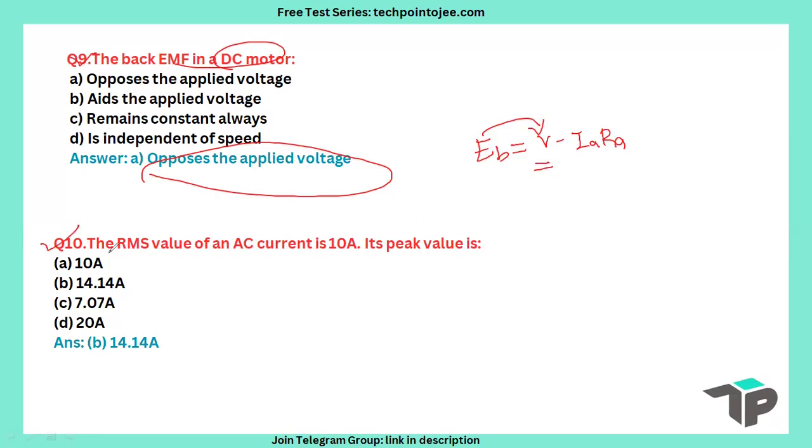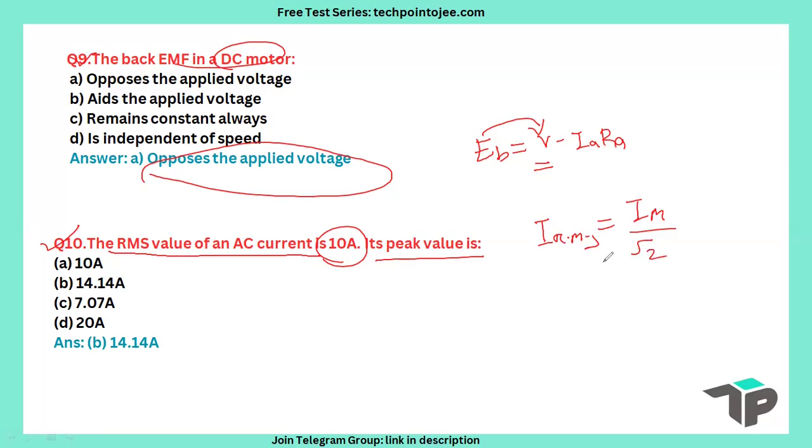Next question: the RMS value of an AC current is 10 ampere, its peak value? So IRMS or VRMS, the RMS value, is the root mean square value. IRMS equal to I max, or I peak, by root 2.